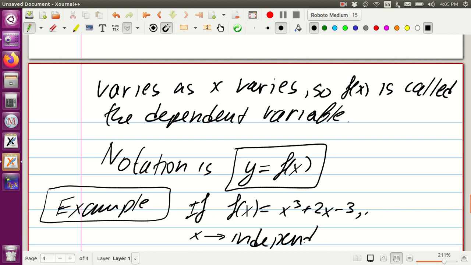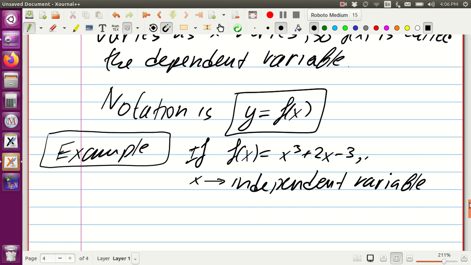And y, which is equal to f of x, which is equal to x cubed plus 2x minus 3, is the dependent variable.